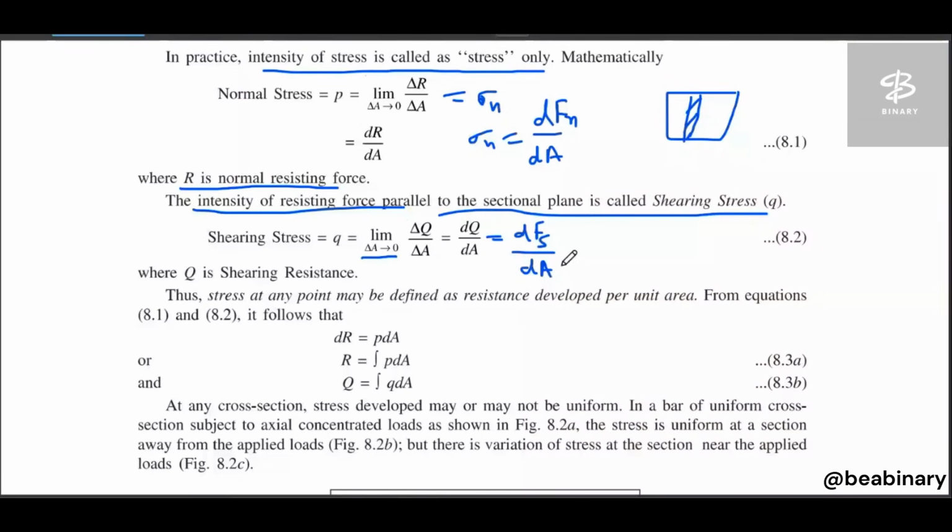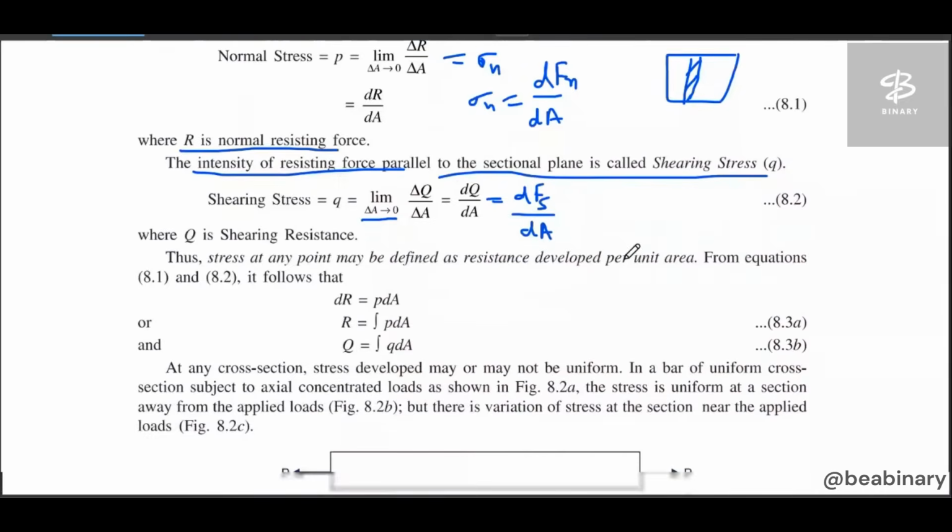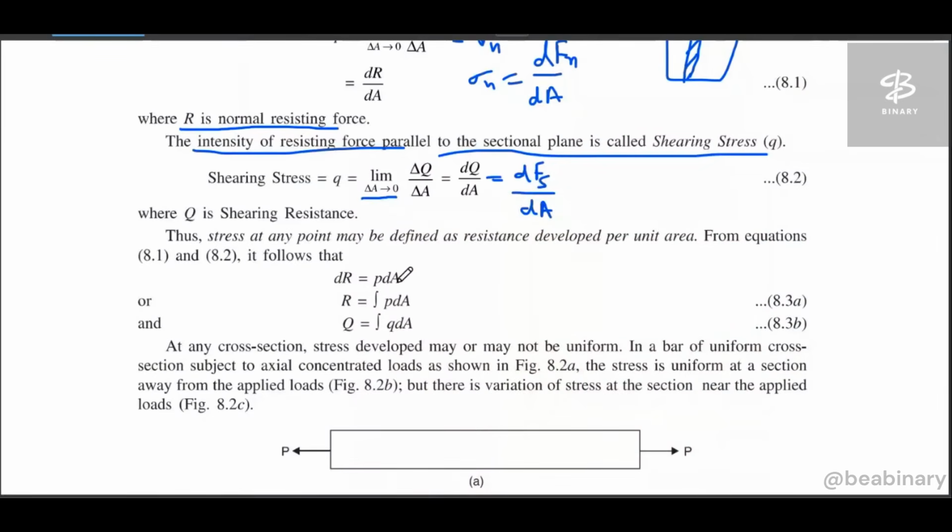Here dR is equal to sigma dA, or p dA, the same thing; it is your choice of notation, so there is no confusion. Integrating and applying the limits, we obtain the formula for the resisting force and the shearing force.